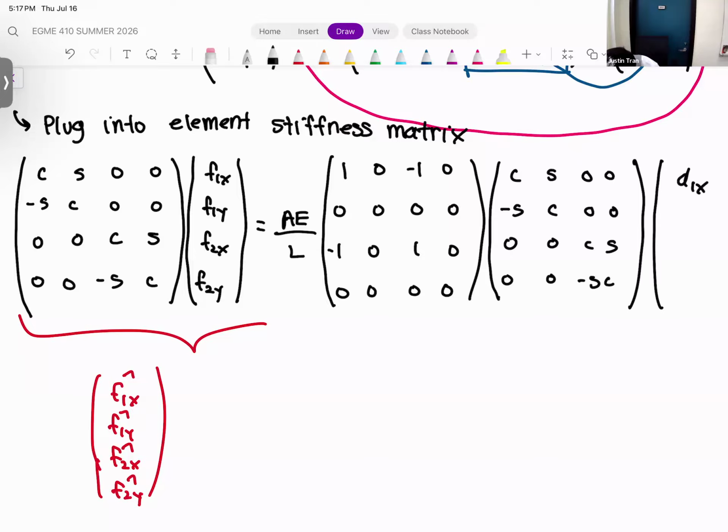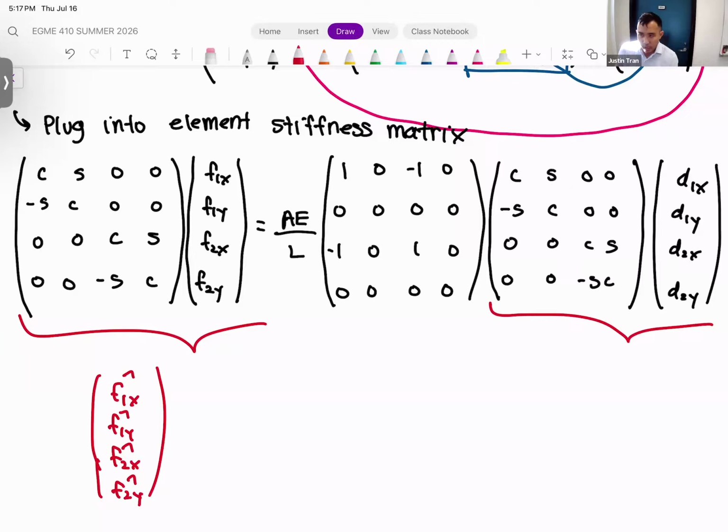So D1x, D1y, D2x, D2y, where this combination of the transformation matrix and the vectors used to be D1x hat, D1y hat, D2x hat, D2y hat.